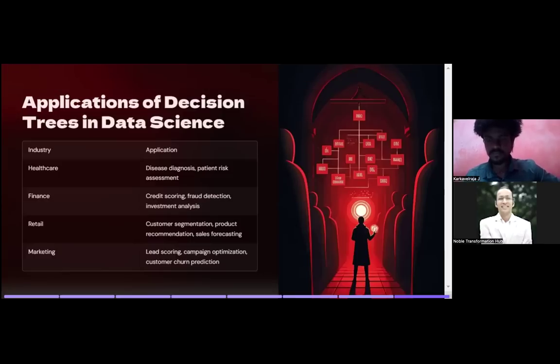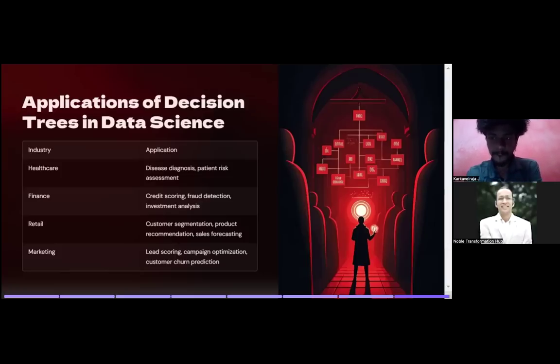Healthcare: you can use it for disease diagnosis, like whether somebody has breast cancer or not, and patient risk assessment. Finance: credit scoring, fraud detection, investment analysis. Retail: customer segmentation, product recommendation, sales forecasting. Marketing: lead scoring, campaign optimization, customer churn prediction.